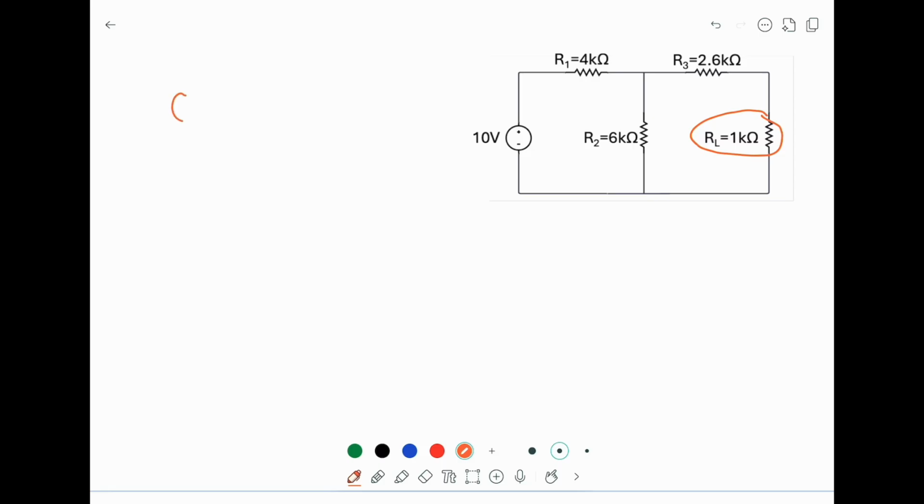It means a voltage we call Thevenin voltage, a resistance we call Thevenin resistance, and this is our RL, the load resistor. To find the Thevenin resistor, we first remove the load resistor and then remove any sources inside the circuit.